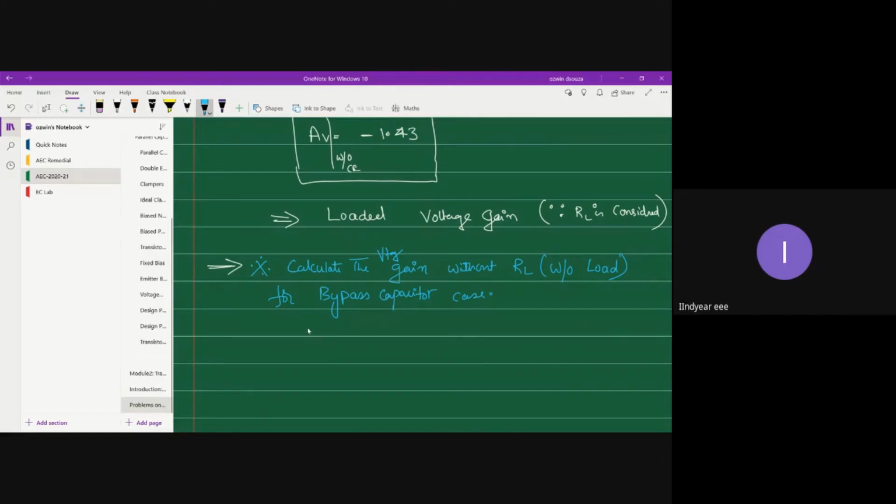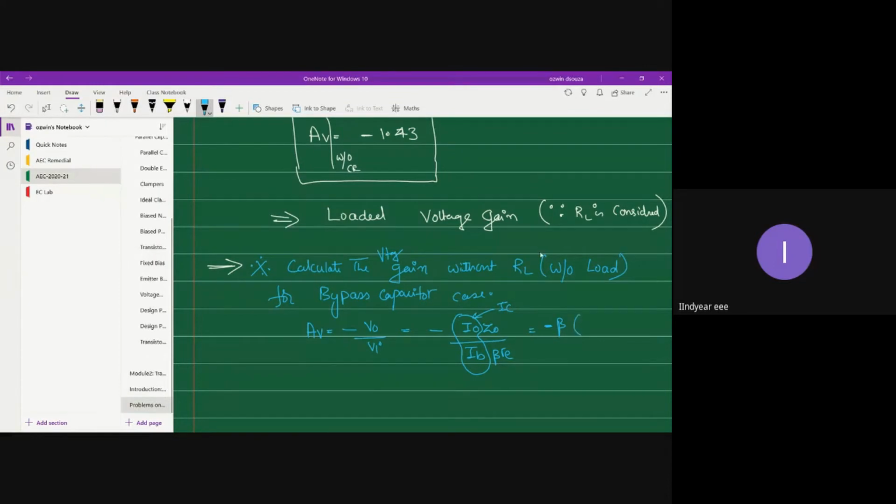AV is minus V0 by Vi, or minus I0 into Z0 divided by IB into Zi, or sorry, IB into, directly you can write, beta re. So I0 by IB: your I0 is anyhow IC, so that's beta into Z0.